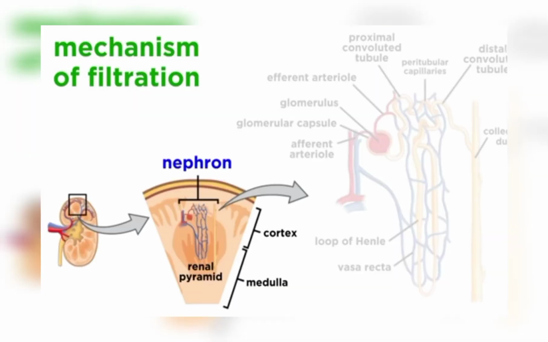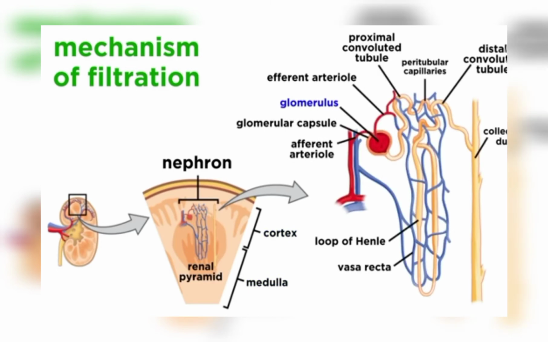The filtration occurs in tiny units called nephrons, each of which consists of a renal corpuscle that sits in the renal cortex, and a renal tubule that extends from there into the medulla, and then back into the cortex. The corpuscle contains a bunch of especially porous capillaries called a glomerulus, which sits in the glomerular capsule.